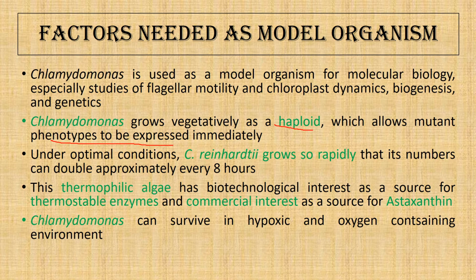Now, Chlamydomonas grows very rapidly, and the generation time is just 8 hours. So we see that it has a very short life cycle of 8 hours, and among all the Chlamydomonas species, Chlamydomonas reinhardtii is the most commonly used model organism.